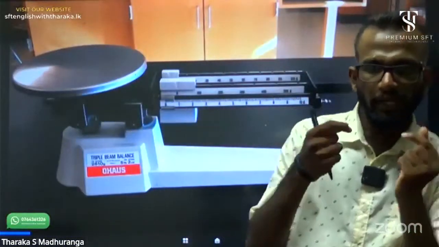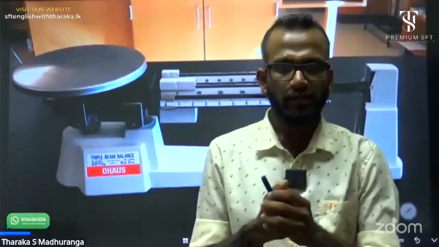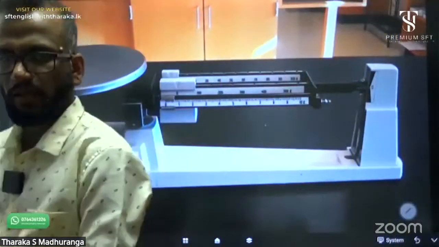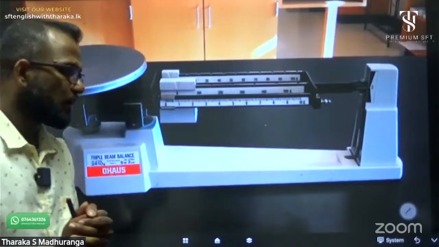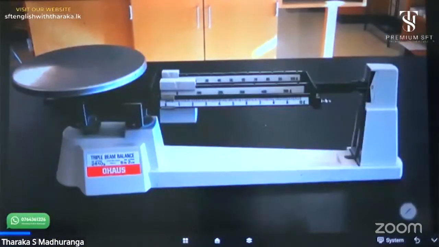Least count means the minimum reading that we can obtain accurately using this instrument. What is the minimum reading? Any idea? What is the least count of this instrument?